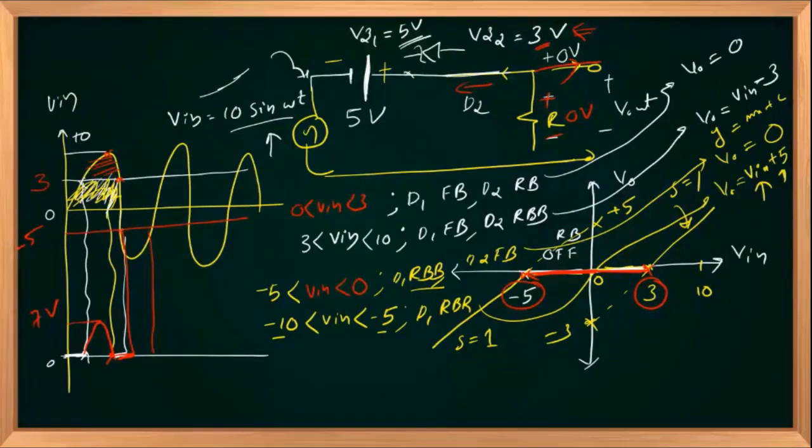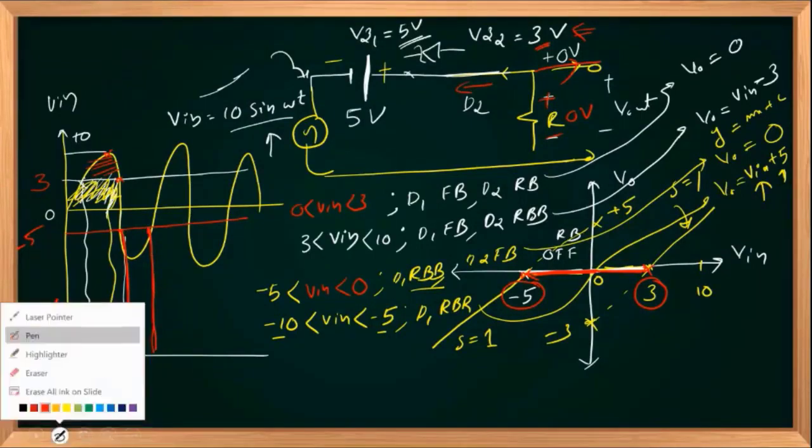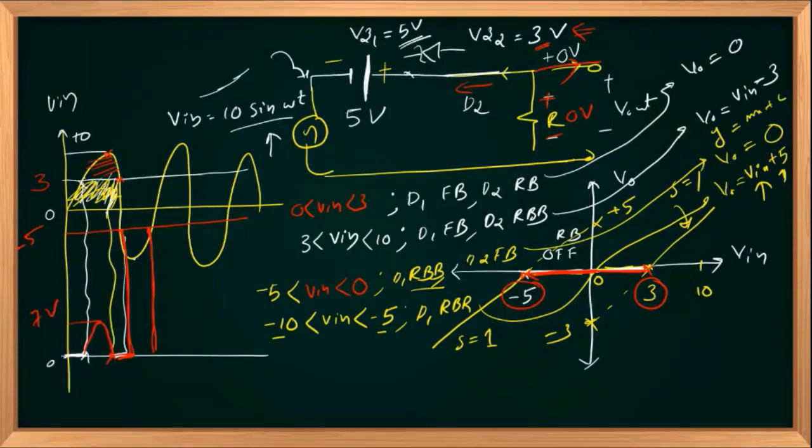So in this region between these two lines, I have an input that is less than -5, goes up to -10. After that it is nothing but V in plus 5. But you should take care that V in is negative. You are adding 5, which means your amplitude will get down. So -5 plus 5 will be 0. Here also -5 plus 5 will be 0. Here if you are taking a positive peak, sorry, negative peak, -10 plus 5 is nothing but -5 with that sinusoidal shape.